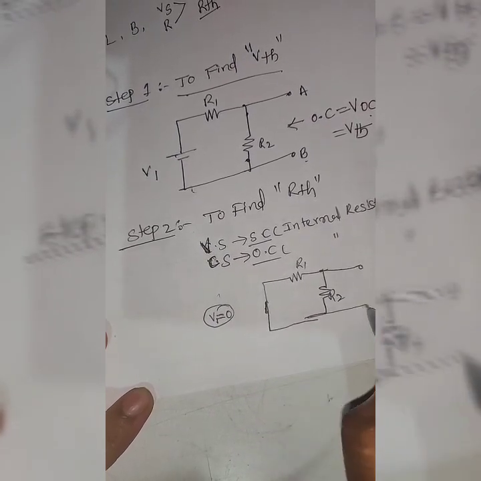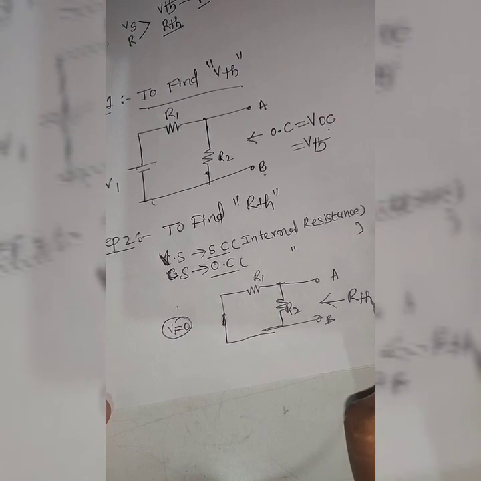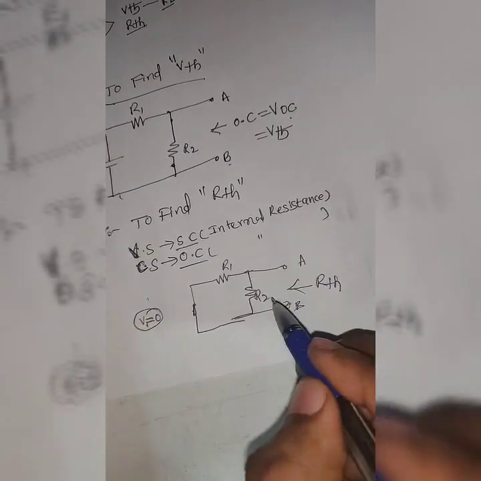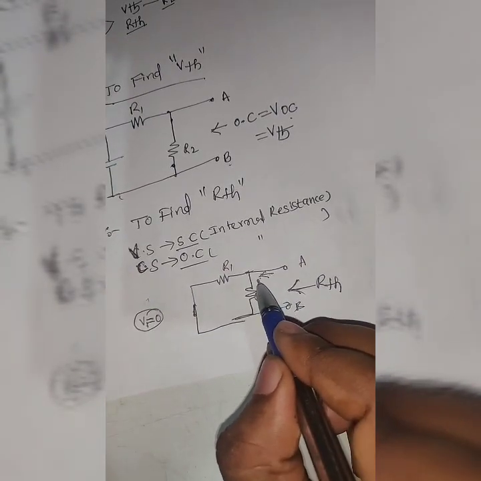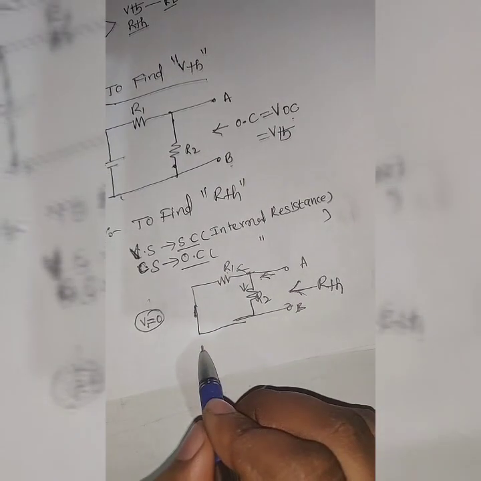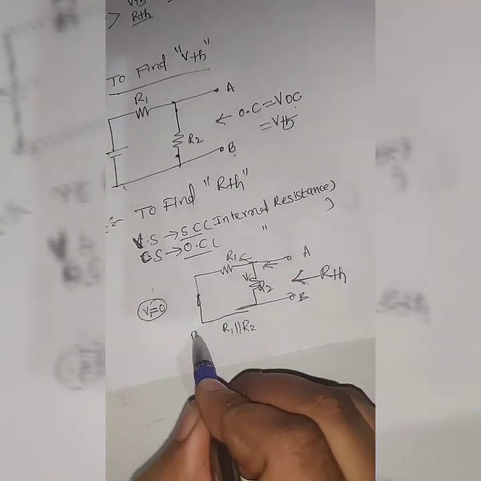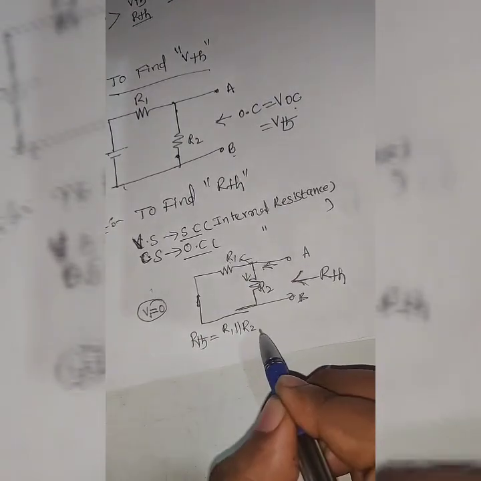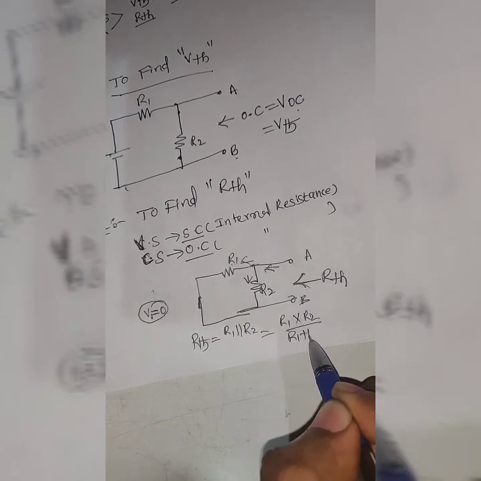Here we get the equivalent resistance between terminals A and B, that is RTH, the resistance seen from these terminals A and B. These two are in parallel, so R1 is parallel to R2. RTH can be written as R1 into R2 by R1 plus R2. This is the equivalent resistance.